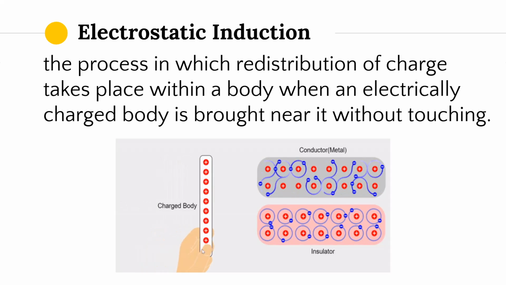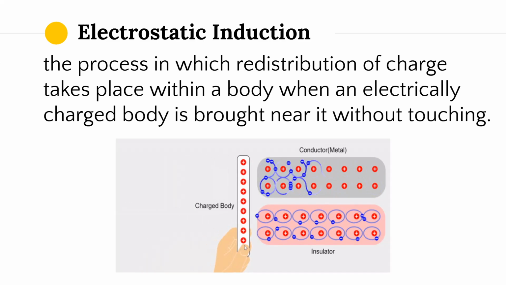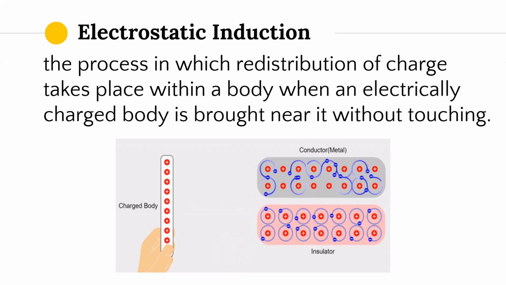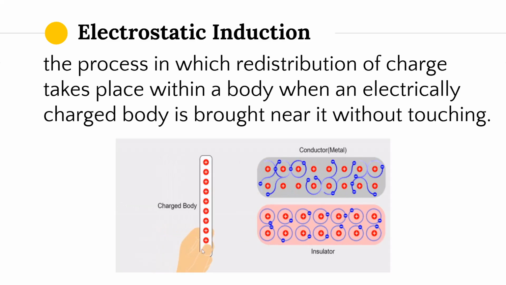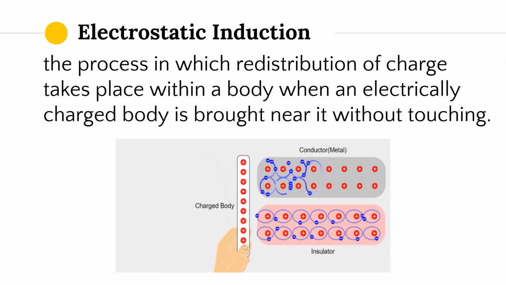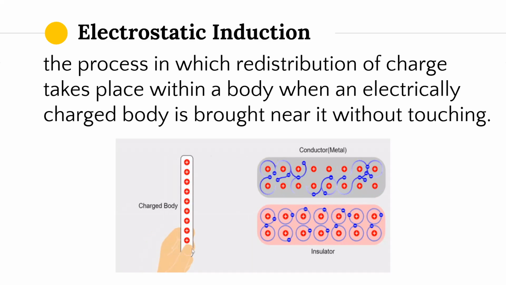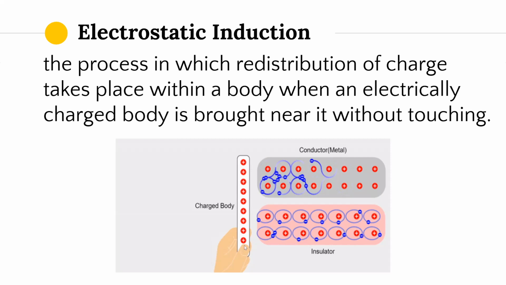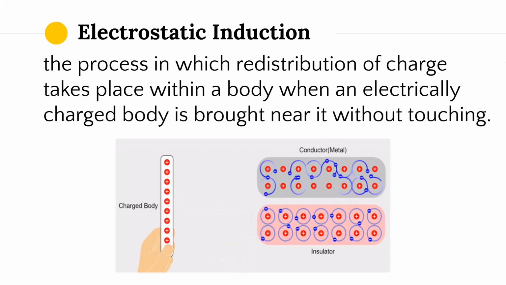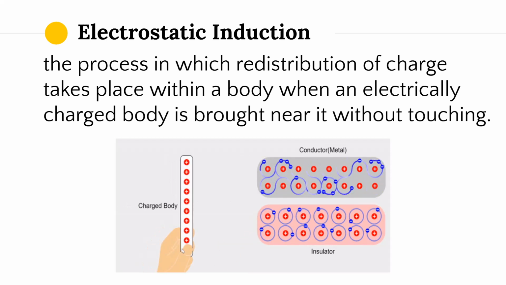So they're still in orbit around their respective nuclei, but now the orbitals are kind of skewed to one side. And in this case, again, opposites attract, and so you can still see those negative electrons spending more time toward the left-hand side of the material, toward that positively charged object. And this all happens even though nothing touches.